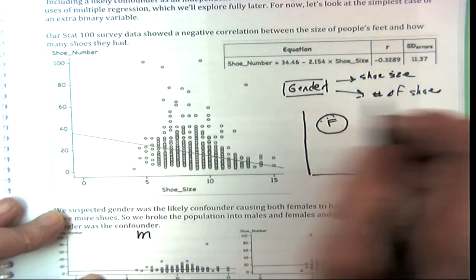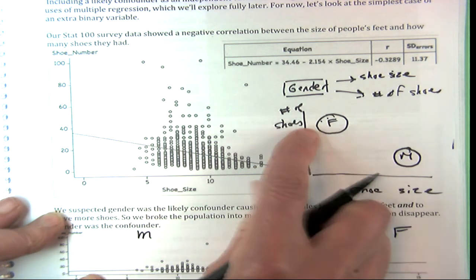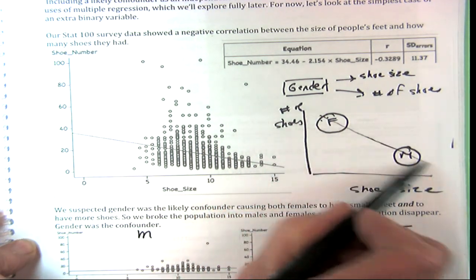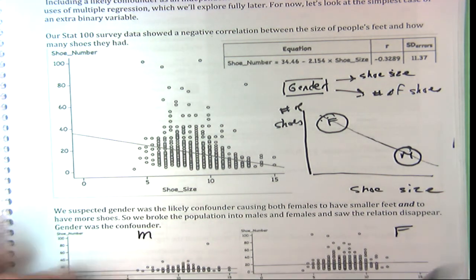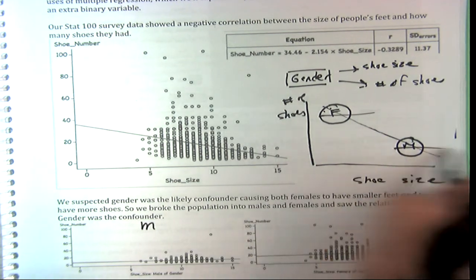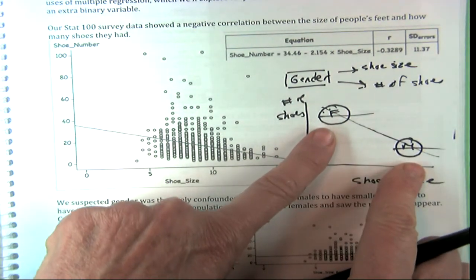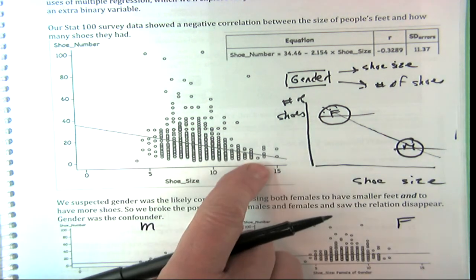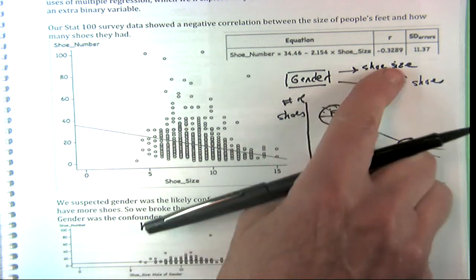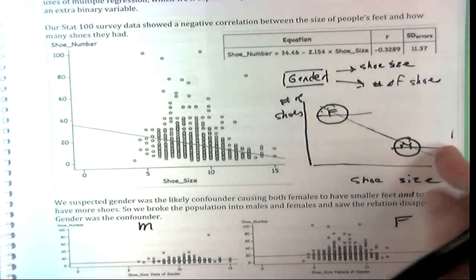This is the number of shoes. So when you try to fit a line through them, you get this misleading negative slope, even though within the girls and the boys, there's no slope. So this is a confounder because group membership happened first, and that's what's driving it. It has nothing to do with the size of one's feet. So that's the idea here.